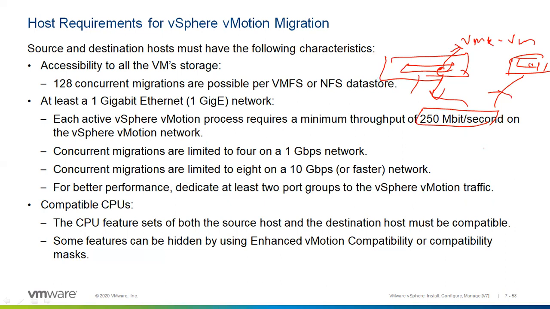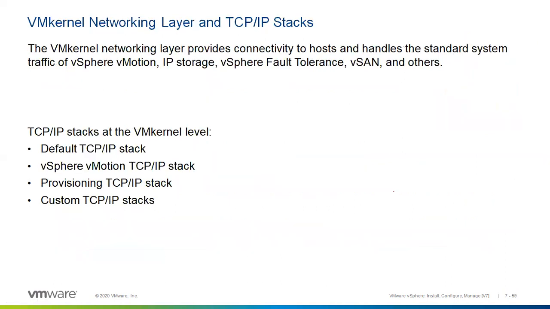It does not matter whether it is dedicated or shared, but at least 1 Gbps network should be available. You can do migration at less than 1 Gbps also, but for better performance the minimum recommendation is 1 Gbps. And with 10 Gbps we can perform 8 concurrent live vMotion migrations.